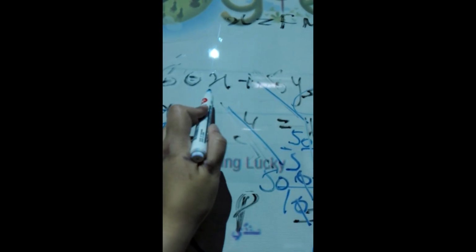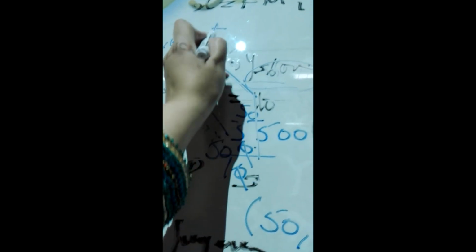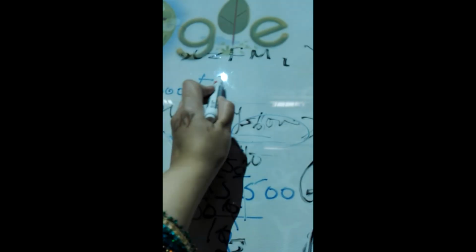Now what would be the value of y in this case? So you put the value of x in this equation. So we have 50 into 60, that will give you 3,000, plus you had 50y, equal to 6,000.